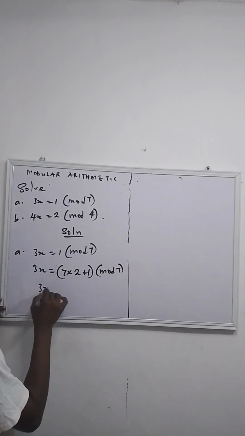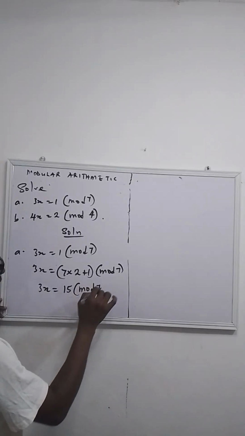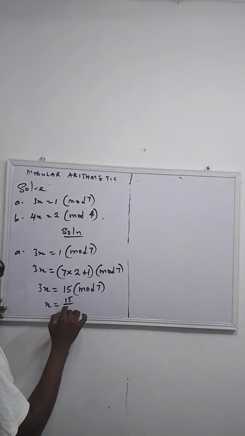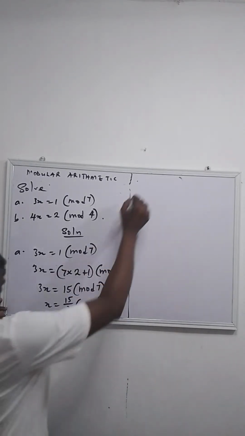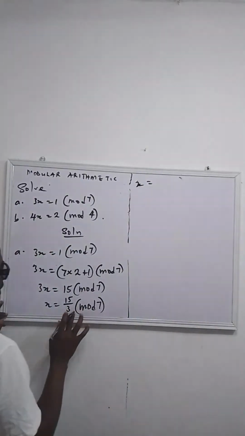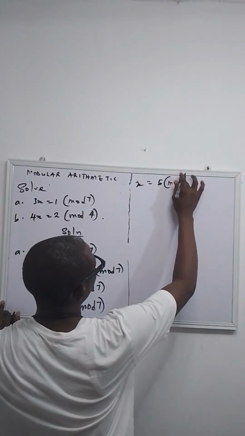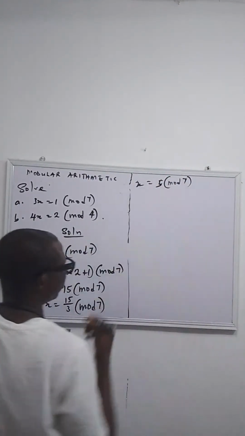So we have 3x equals 15 mod 7. All right, so we have x equals 15 over 3 mod 7. And so x will be what? x will be 5 mod 7.